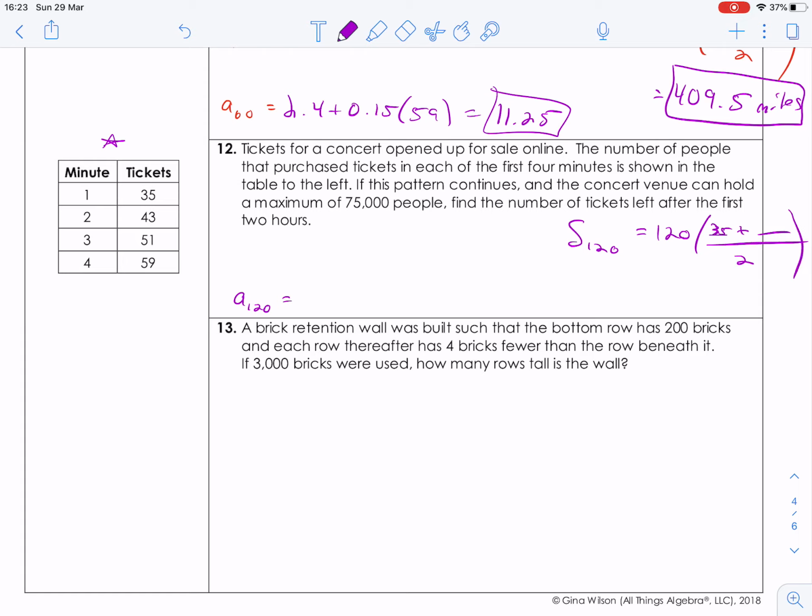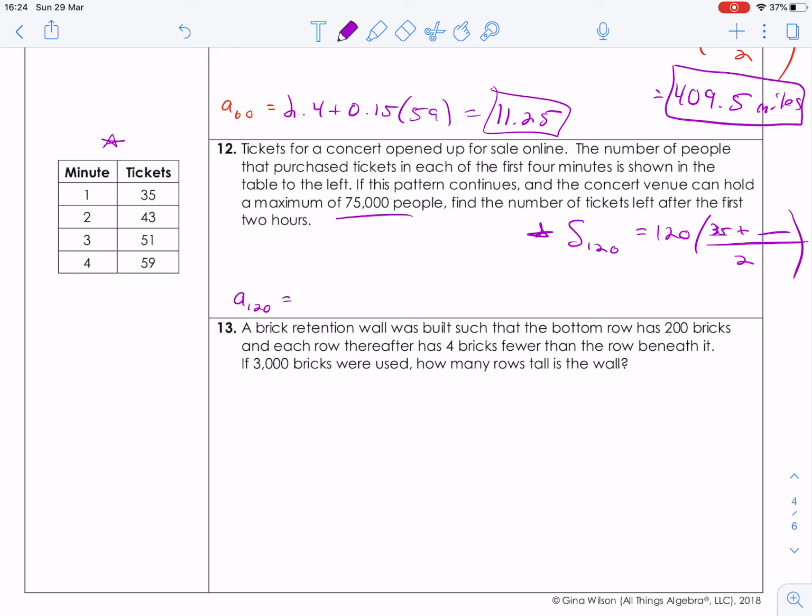And whatever we get there, we subtract from 75,000, because that is going to be how many tickets we have left after 2 hours. So this is going to be how many tickets we used in 2 hours. And then we can figure out how many we have left by subtracting it from 75,000.